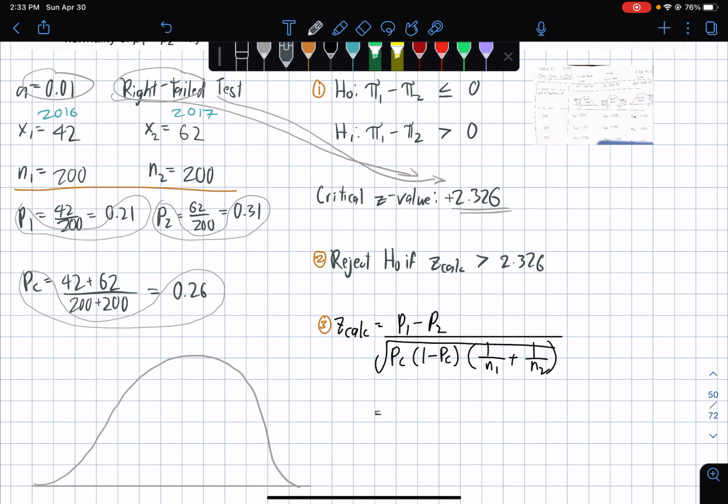P1 and P2, that's 0.31, 0.26. PC, oh wait, sorry. And then 0.26.